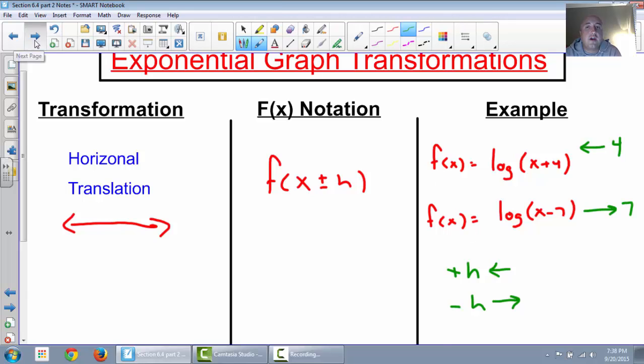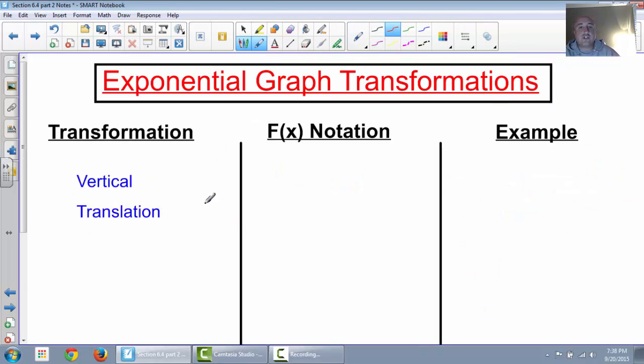Okay. All right, the second one is vertical translation again. So we have up and down. And the function notation for this one is we are going to add some k value or subtract some k value outside of the x, not attached to the x specifically.